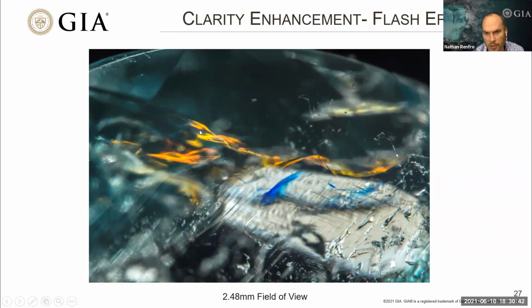So when we're looking nearly parallel to the fracture plane, what we'll often see are these flash effect colors, which in dark field are orange, and in bright field are blue. And so as we rock and tilt the stone, these flash effect colors may switch between orange and blue. But even though we can see clearly in this example the flash effect colors, the fractures are really nearly invisible. And that's because there's a clarity enhancing residue in these fractures.